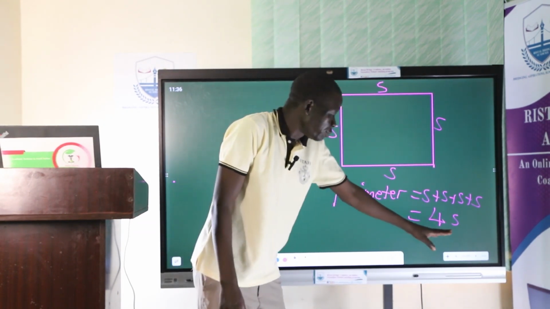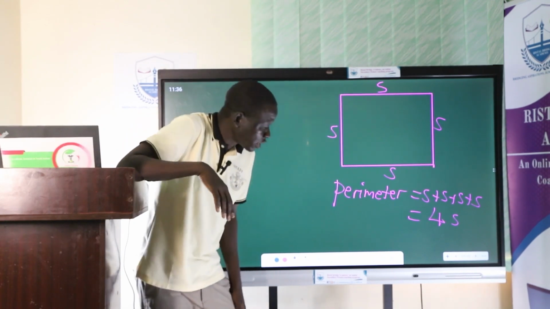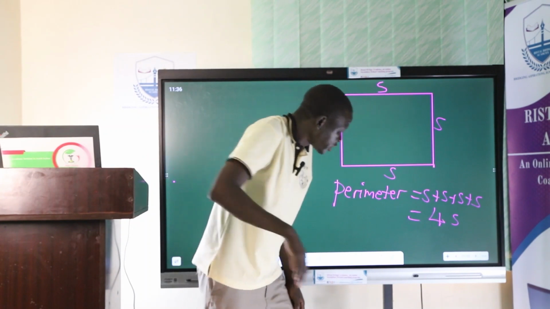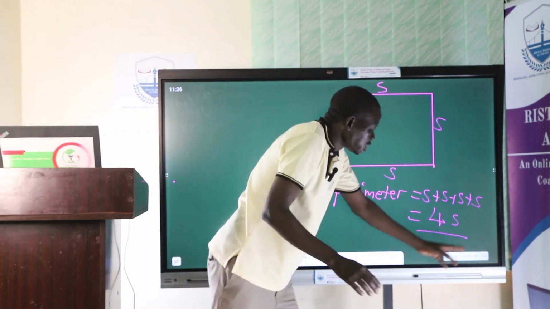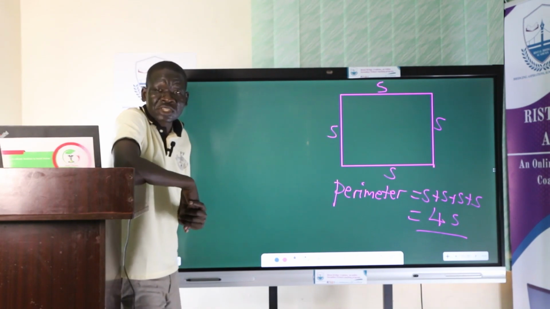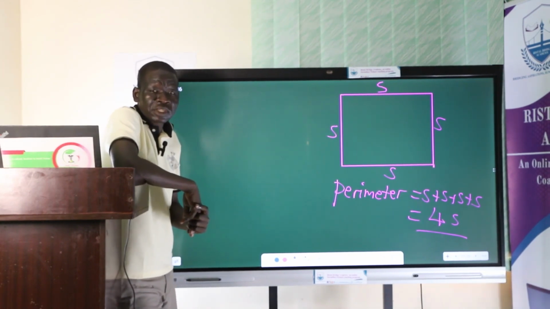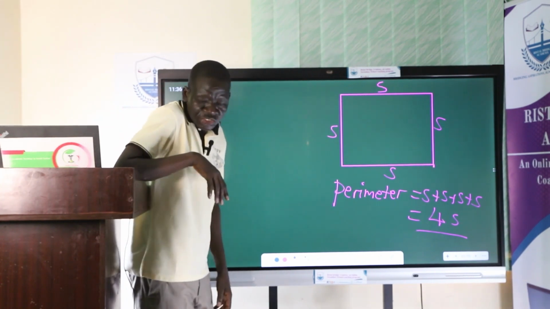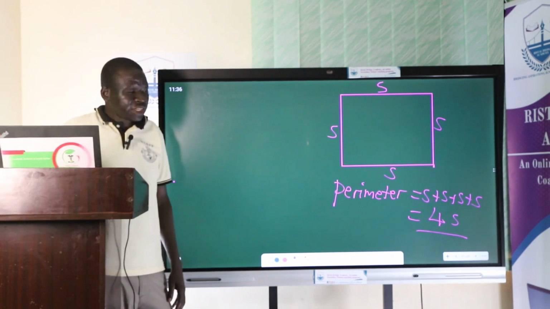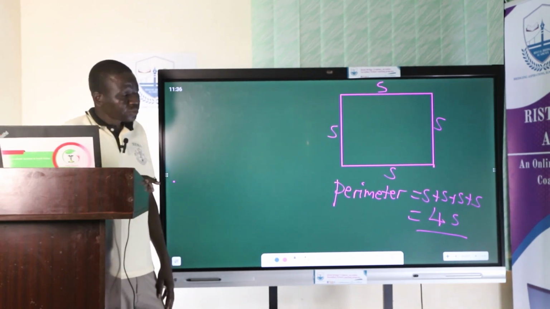So the perimeter of the square is equal to 4s, or 4 times the length of a side. The units can be in centimeters, meters, or kilometers, depending on what they want us to write the units in. That is basically for a square.